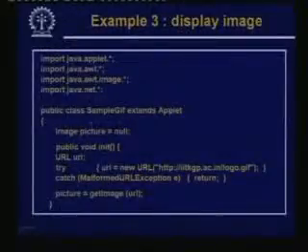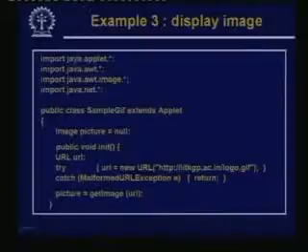Display image, again this is another example. So, here it is similar, this image picture null, again you have the init function, again in URL you store a URL slash logo.gif, and you can use the function get image to display an image. This you can store in pic.